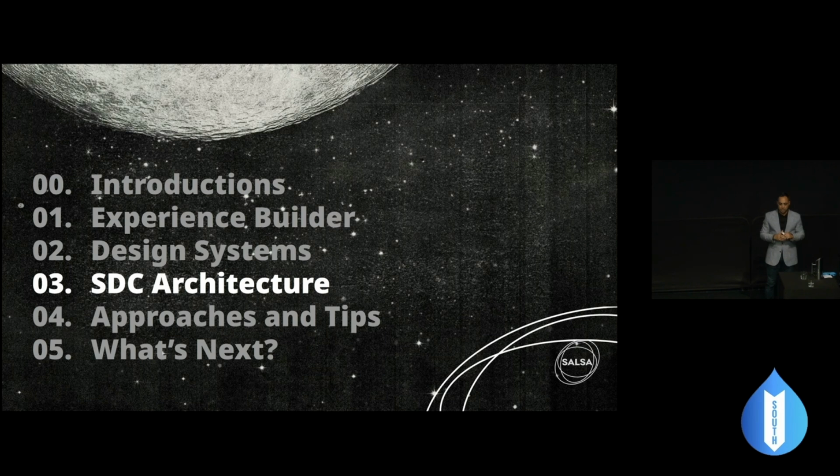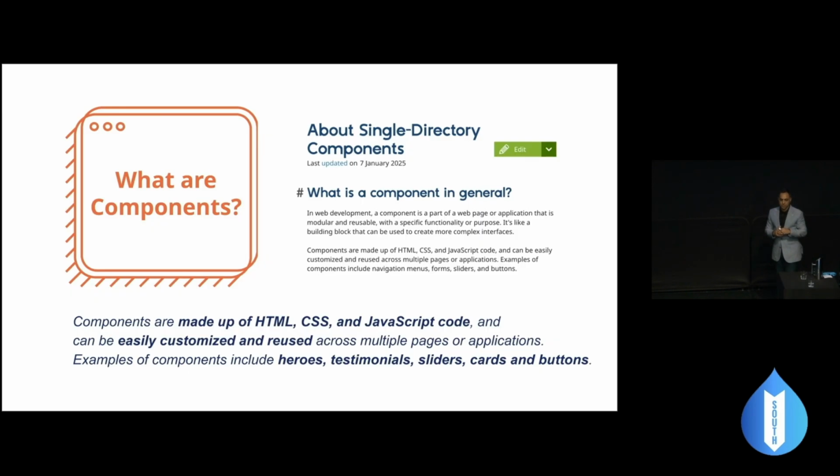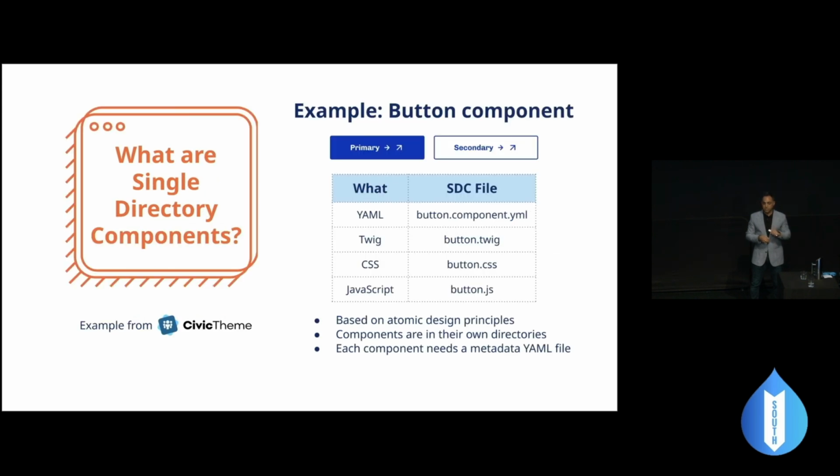So SDC architecture. Components, in particular with SDCs, are made up of HTML, CSS, and JavaScript. They can be easily customized and reused across multiple pages and applications. For instance, hero components, testimonials, sliders, cards, and buttons. Now, with single directory components, the example we've got here is from CivicTheme.